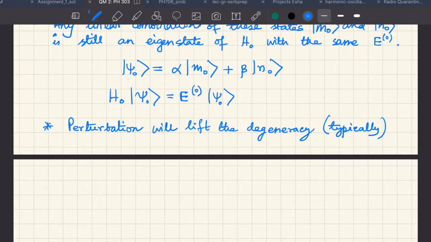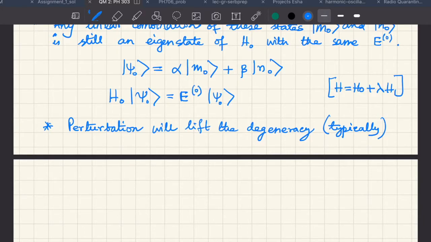So what I wanted to mean is that as you increase lambda, your perturbation parameter lambda, remember your total Hamiltonian was H0 plus lambda H1, where H1 was your perturbation Hamiltonian and lambda was the parameter that you had introduced in order to keep track of orders in the perturbation.